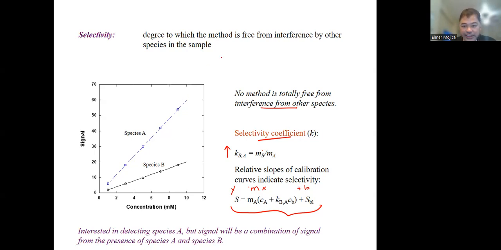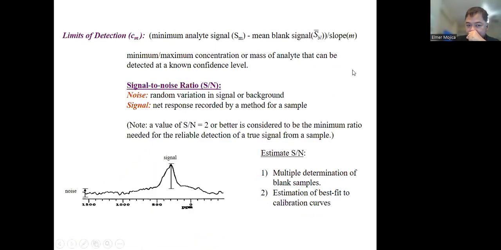So mathematically, nakalagay dun sa handout natin, yung signal ng sample is just coming from the signal from A, signal from the interferences, and signal from the blank, or B1. This is the blank signal. And then we have the LOD, and related to this yung dinisscuss natin last time, the signal to noise ratio.